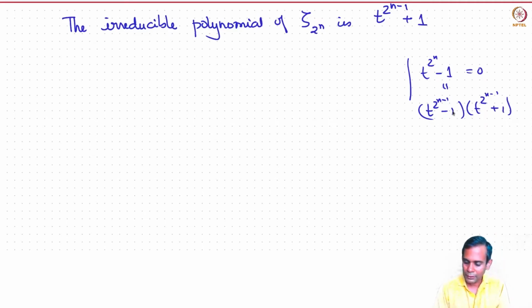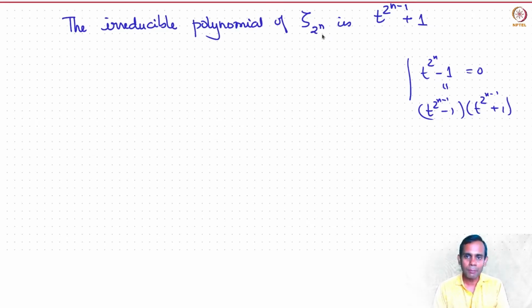And this first term with the minus 1 factorizes further and further, but this thing turns out to be irreducible by applying Eisenstein's criterion after substituting t by t + 1. So this is an irreducible polynomial and it is satisfied by ζ_{2^n}.